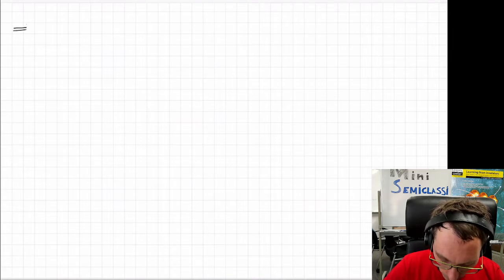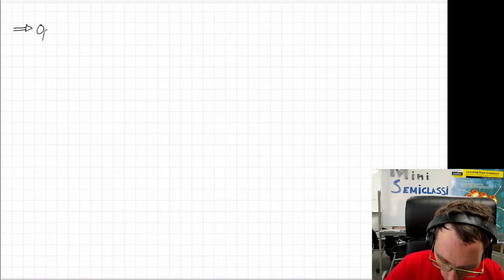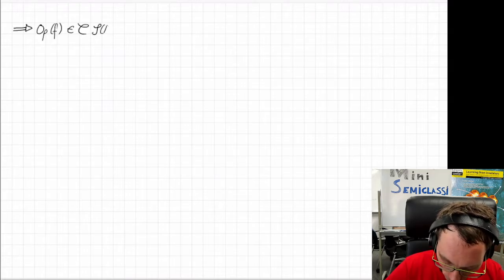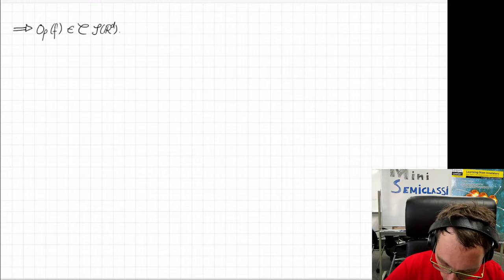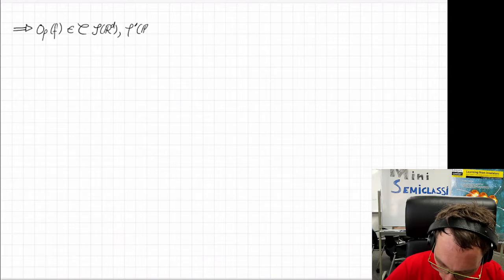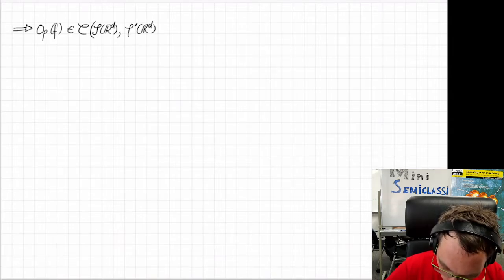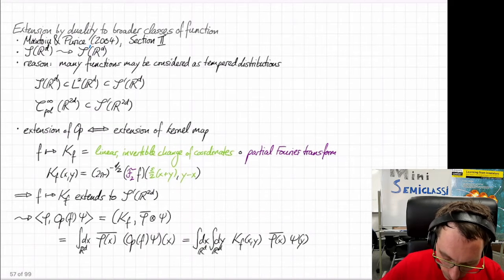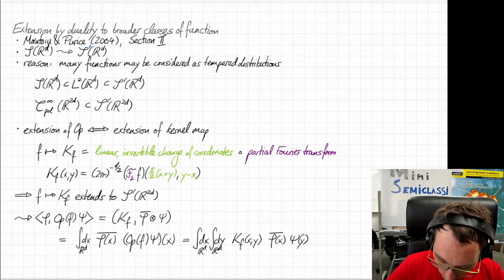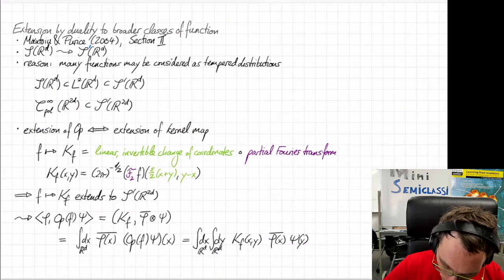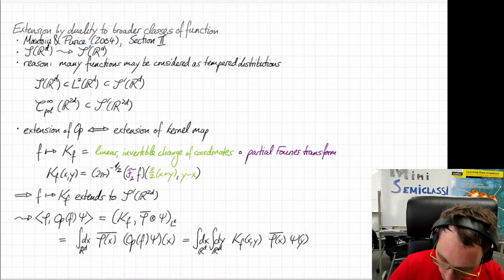So thus you can view op f as a continuous function, and now we have to pay attention, from S, from Schwartz functions, to tempered distributions. That is simply by looking at it. Sorry.